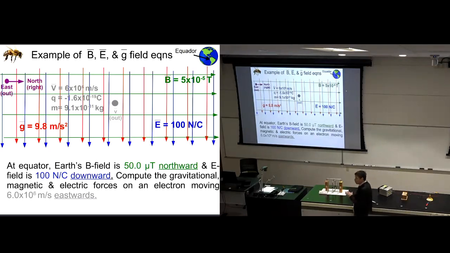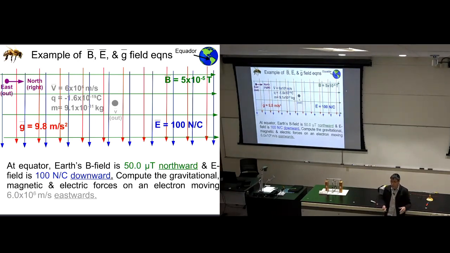What I just told you in that list of 50 microtesla, 100 newtons per coulomb, 9.8 meters per second squared, are the magnetic, electric, and gravitational fields at this location. Those are all fields that convey forces: the magnetic, electric, and gravitational forces.